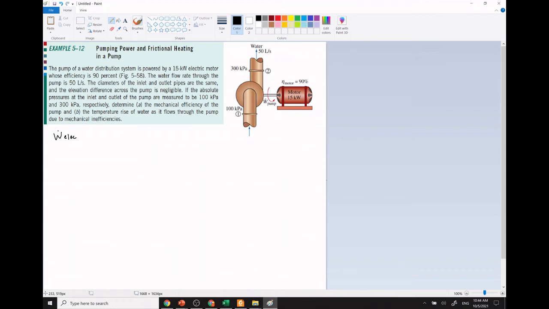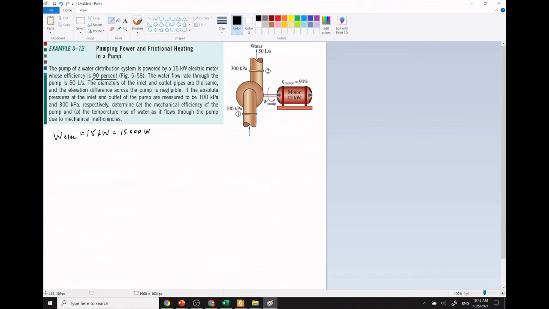So this is electric power, 15 kilowatt. You can also write it as 15,000 watt.